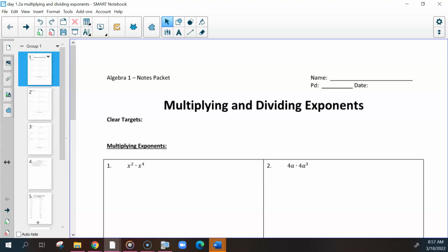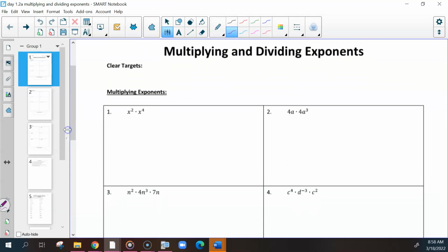So when we do this, we're gonna expand these first until we get to whatever the rule might be. So for number 1, if I had x squared and I expanded that, that would be x times x.